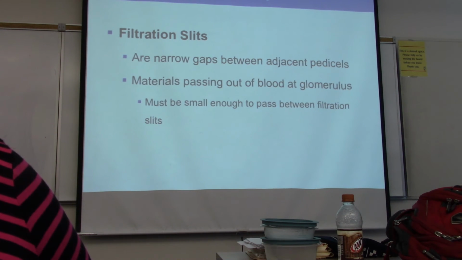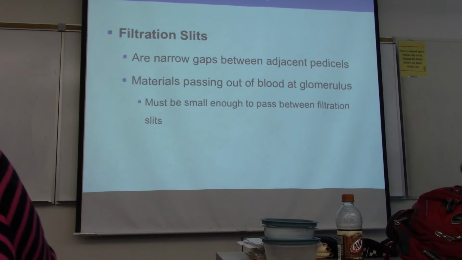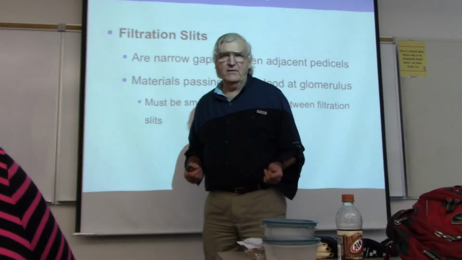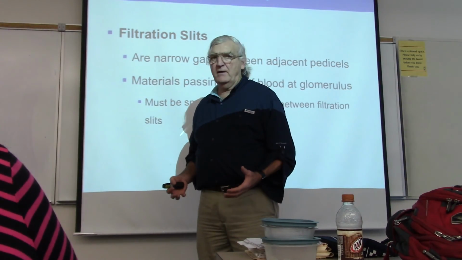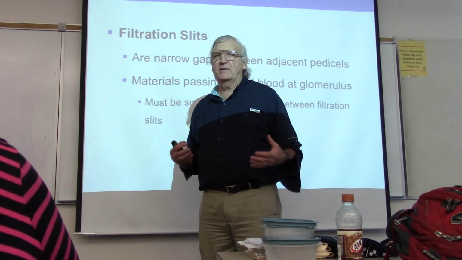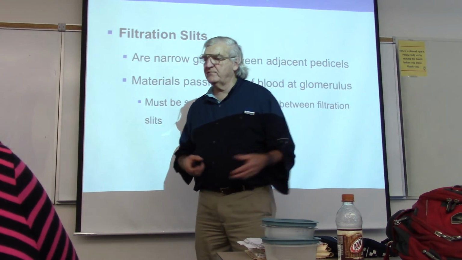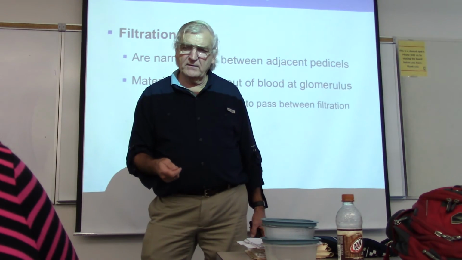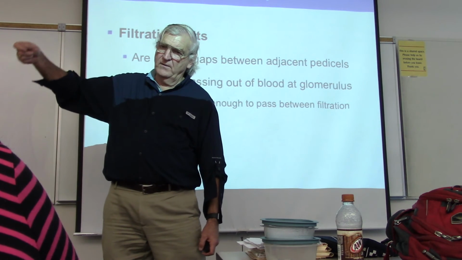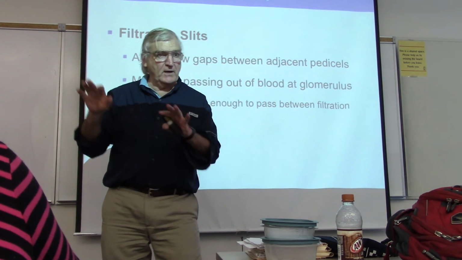All right. These slits, we've talked about them. They just control what can get out. It's all done by size. I used to tell students, this is kind of like a colander. You know when you make spaghetti and you put it in the boiling water and you cook it for 10 minutes or so and it gets nice and soft, and then you take that pan of boiling hot water with the spaghetti in it and you dump it through a colander.